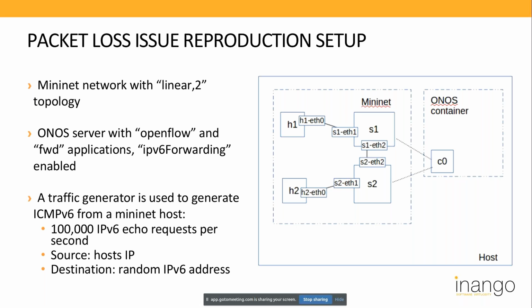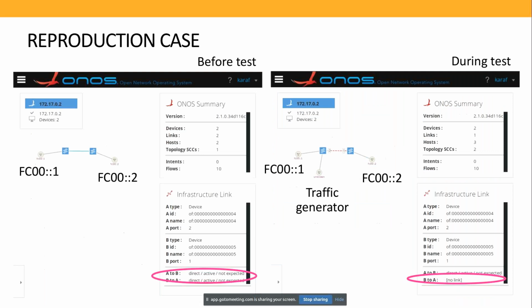We used a Mininet network with 2 switches and hosts that were both connected to the ONOS. And we generated an ICMPv6 flood from the first host. When we start this flood, the link between the switches disappears.